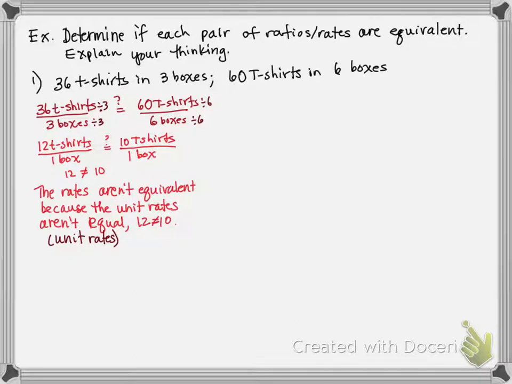The next one was using equivalent fractions. So again, we're going to do 36 t's over 3 boxes, and we want to know if they're equal to 60 t's in 6 boxes.